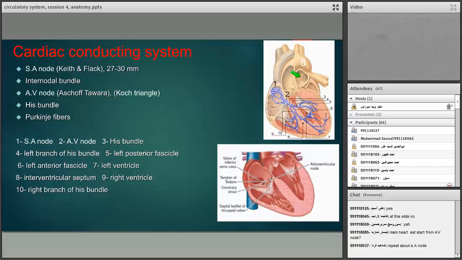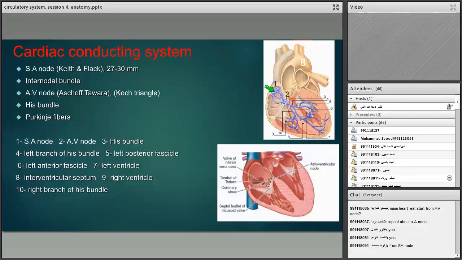Heartbeat will start from the SA node. The SA node is the pacemaker of the heart. Okay? From the SA node, the heartbeat will start.